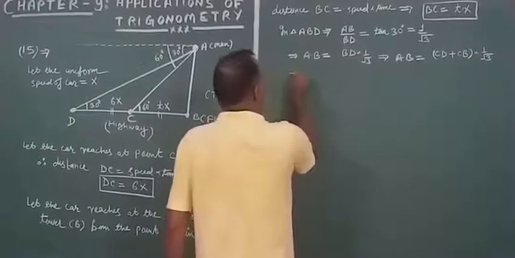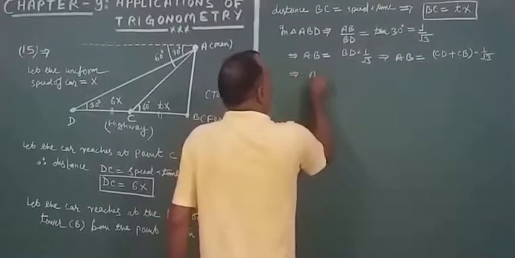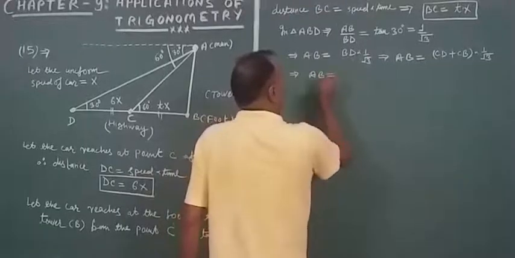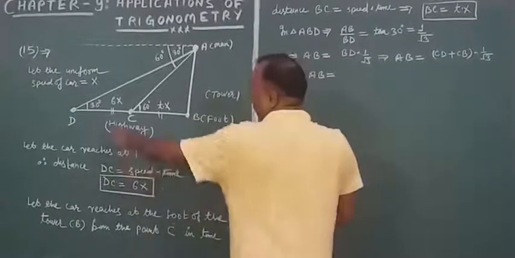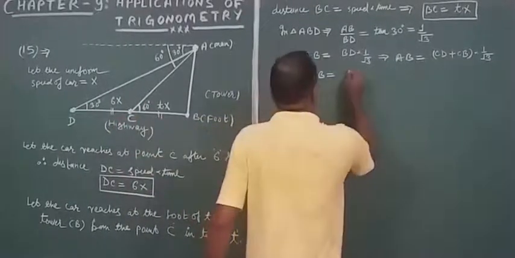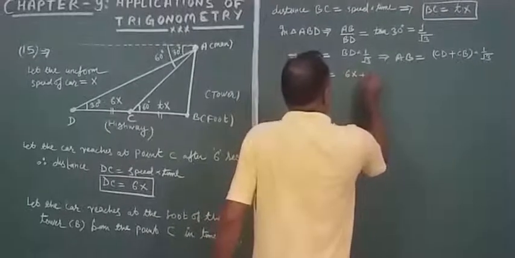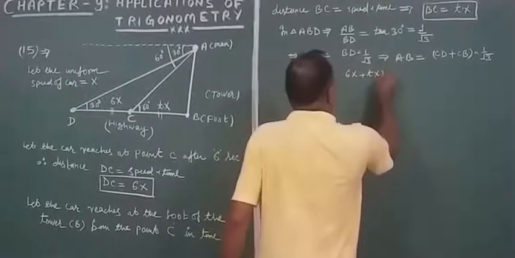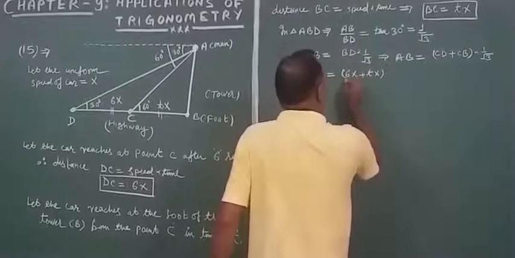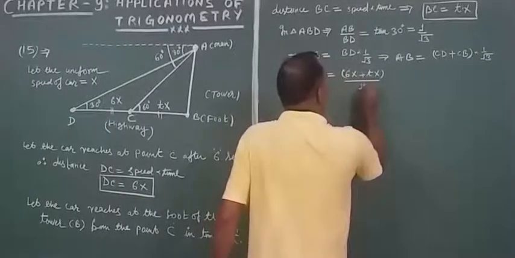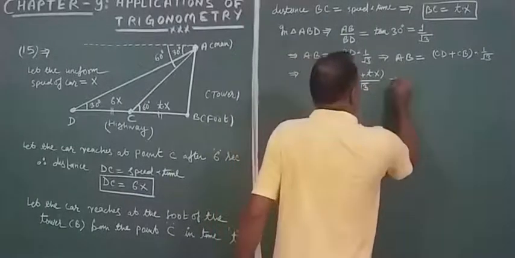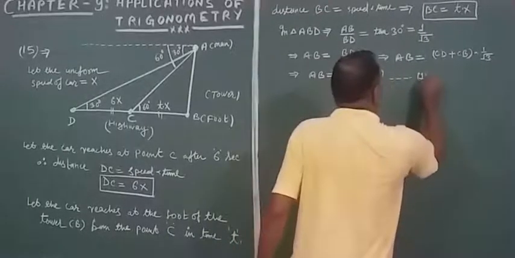Therefore, AB is equal to (6x plus TX) upon under root 3. This is equation number 1.